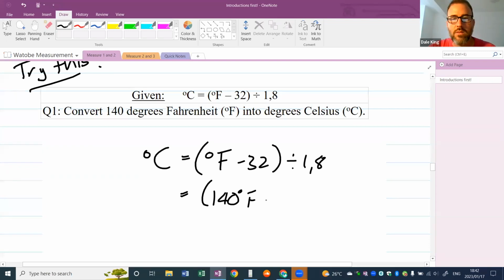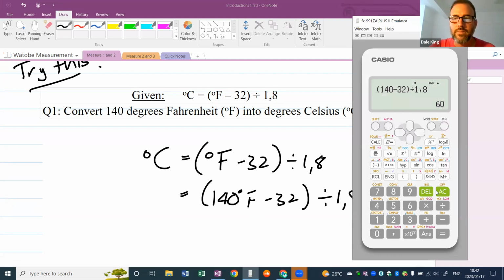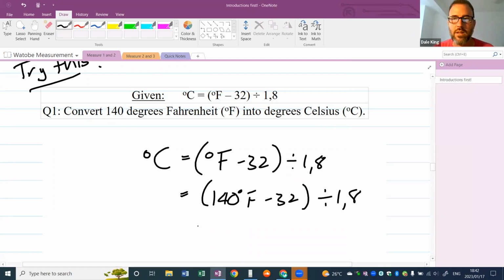And then I'm going to minus 32, close the brackets, and divide by 1.8. Then you go to your calculator and you can type it in exactly like you see it. So 140 minus 32, divide by 1.8. Hit enter. And yes, it should give us 60 degrees Celsius.